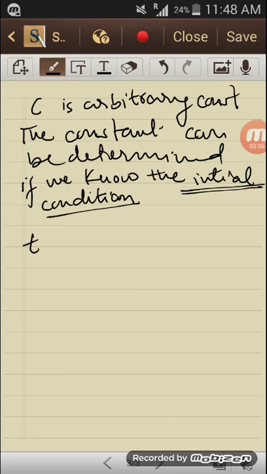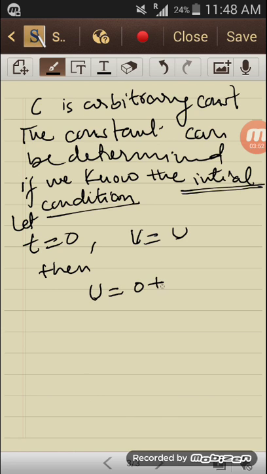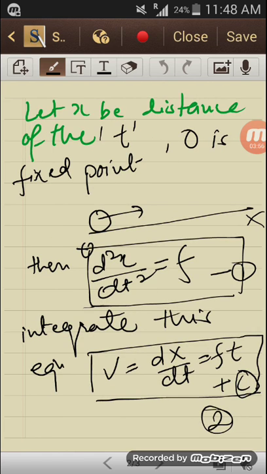Suppose at t equal to 0 the velocity v is equal to u. This is the initial velocity. Then u equals 0 plus c, if we put it in ft plus c.